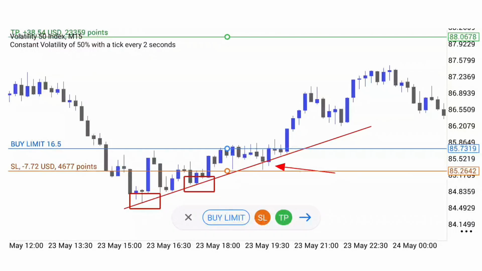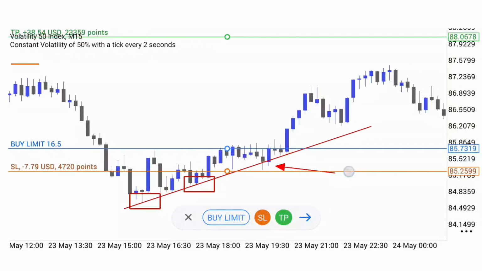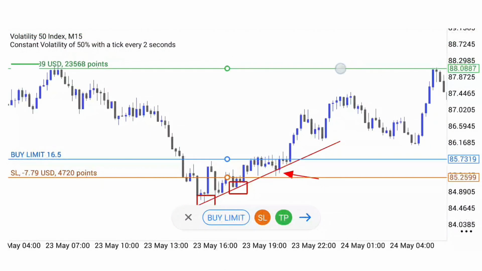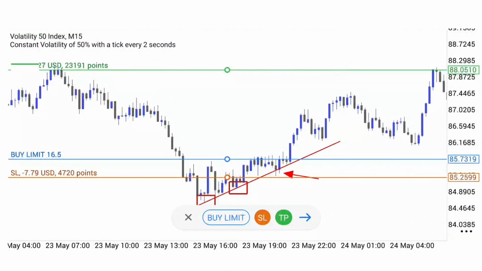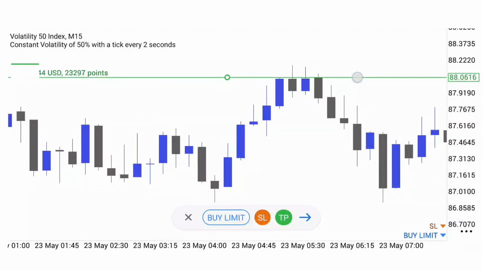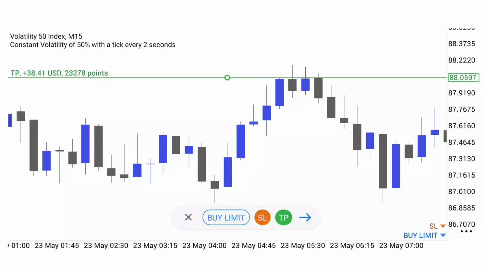So right here you can see was the last candle before the engulfing, that was the lowest point. So you place your stop loss there, and your take profit target should be at the top here, and it should just be, look at this point here, just draw it on the wicks, like inside the wick of the candle, just at that point.